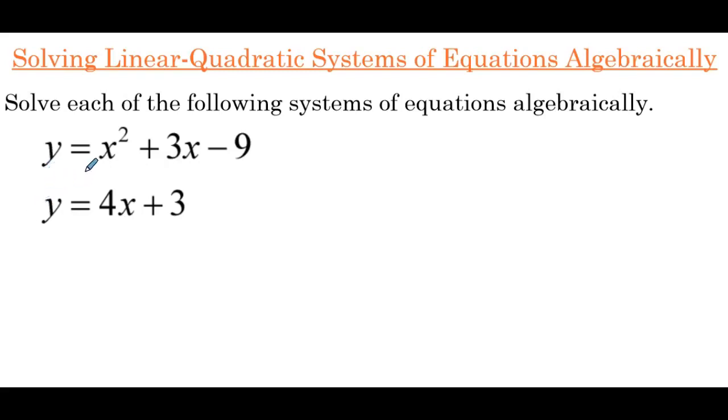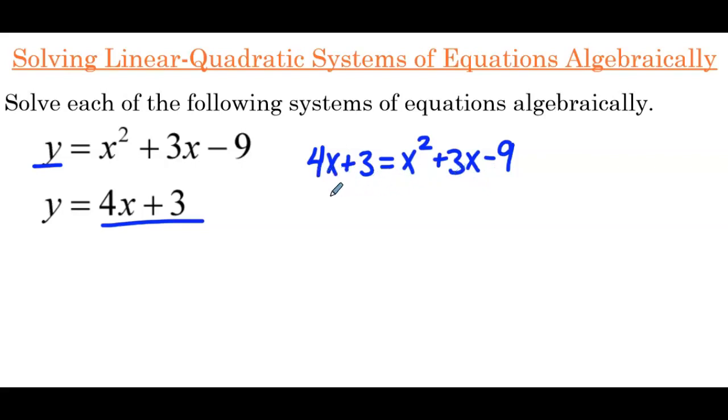Our first example: y equals x squared plus 3x minus 9, and y equals 4x plus 3. Based on how the equations are given to us, the substitution method is the easiest because we can substitute 4x plus 3 in for y. So we have 4x plus 3 equals x squared plus 3x minus 9.